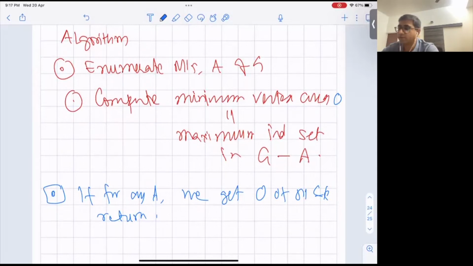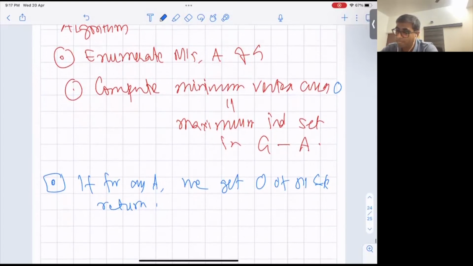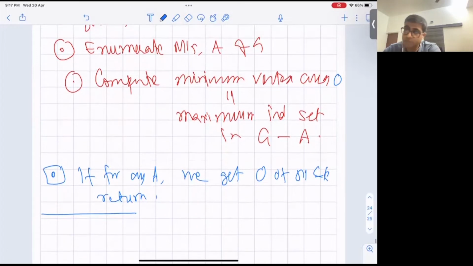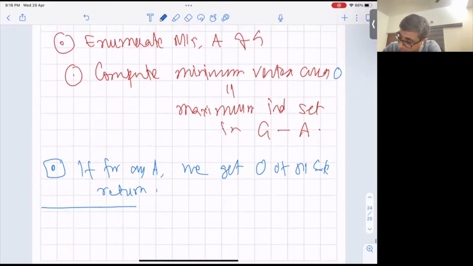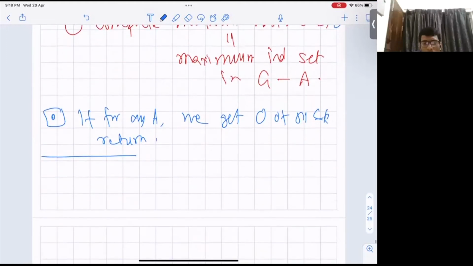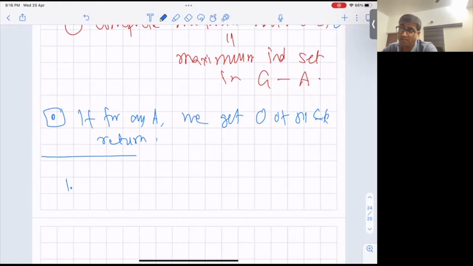Okay, what is the running time of this algorithm? So what was the best running time of maximum independent set we got? What was the best maximum independent set or minimum vertex cover algorithm we got, parameterized by n, number of vertices? What was that? 1.45. Is that what we made?